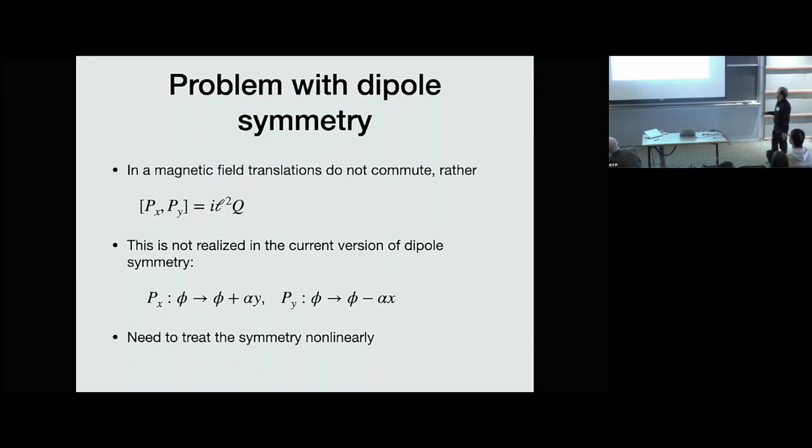This P_x and P_y simply shift phi by a linear function of x or a linear function of y. We can do P_x, P_y in any order and the result would be the same. So in order to properly encode the magnetic translation symmetry, we have to somehow treat the symmetry slightly better, in a non-linear way presumably, and then hopefully we will see how this symmetry comes out. So that is something that I'm going to do now.